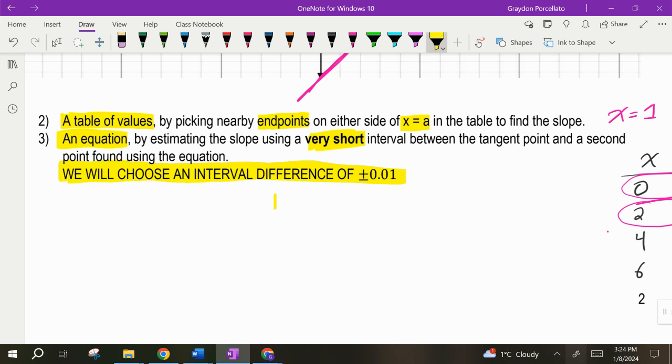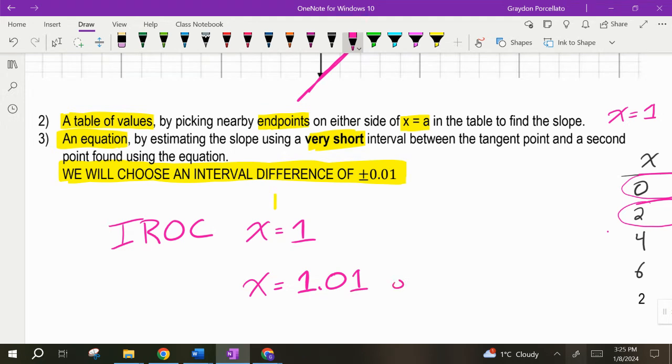So what that means is if I want to know the IROC, or the instantaneous rate of change, when x is equal to 1, what we're going to do is figure out the corresponding y coordinate when x is equal to 1, and for our second coordinate, we're going to use x equal to 1.01 or 0.999.